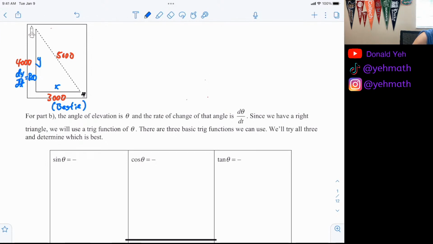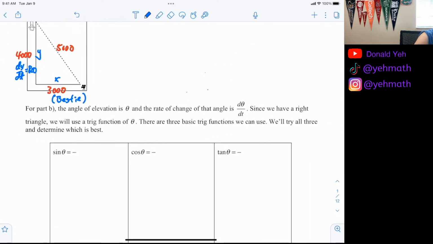Okay, so sine of theta is equal to, well, in this case, we're going to call this z. It's not z, it's y over z. And if it's y over z, then d/dt is going to be cosine of theta d theta/dt is equal to low d high minus high d low over low low.